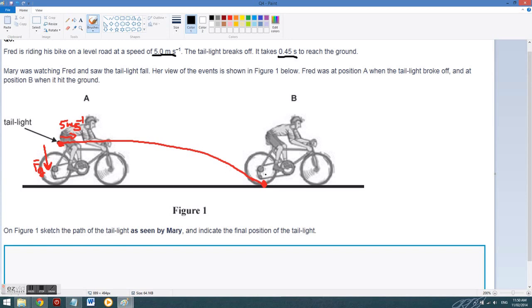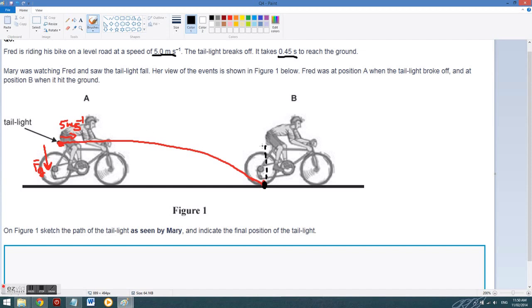But when the tail light reaches the ground, it has to travel the same distance as the person on the bike, because the horizontal speed is unchanged.